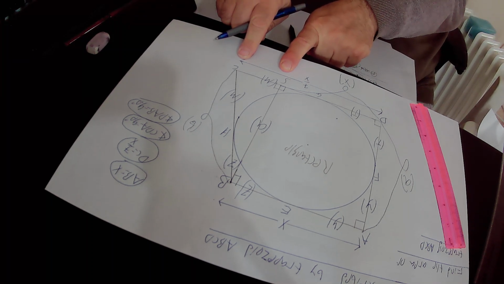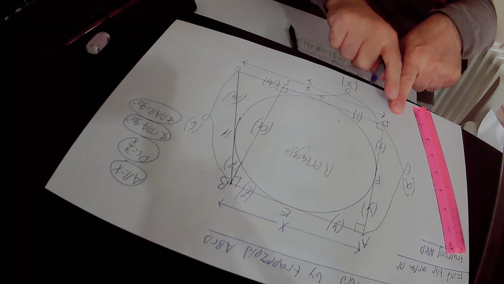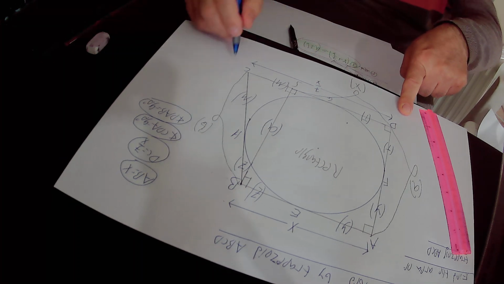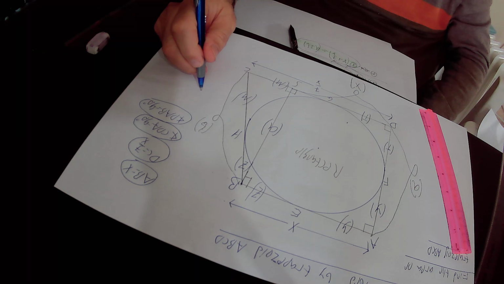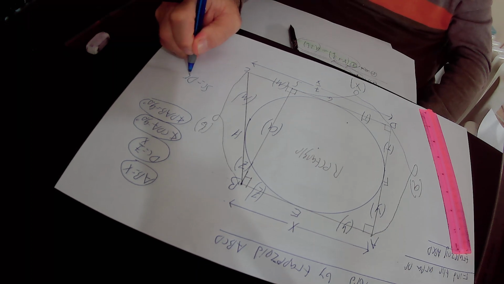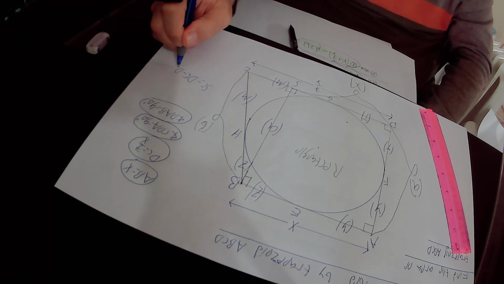From the drawing it is very easy to see that side SC equals DC minus DS. Again, side SC equals DC minus DS.